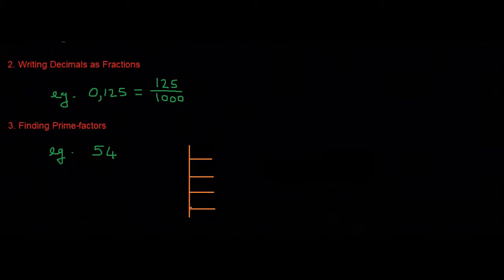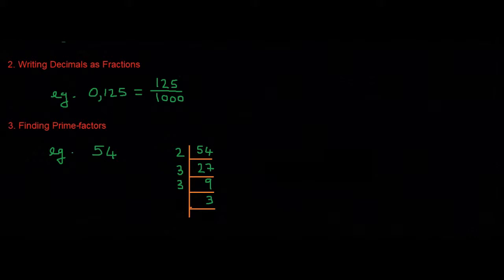So we've got 54. Now the smallest number into 54 is 2, and it goes into 54 27 times. Then the smallest number into 27, or integer into 27, is 3, and it goes 9 times. The smallest number into 9 is 3, and it goes thrice.